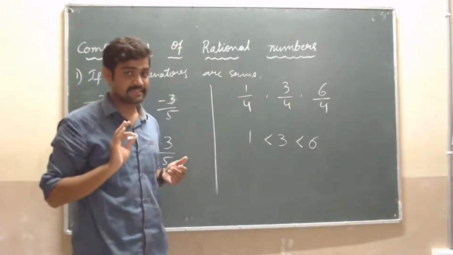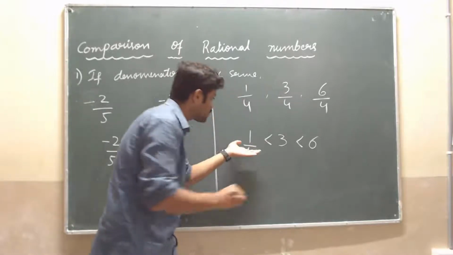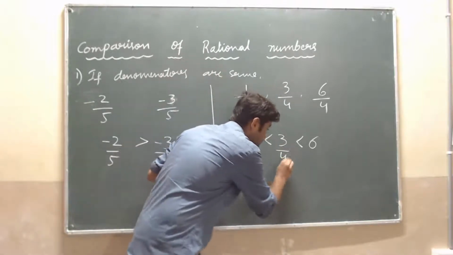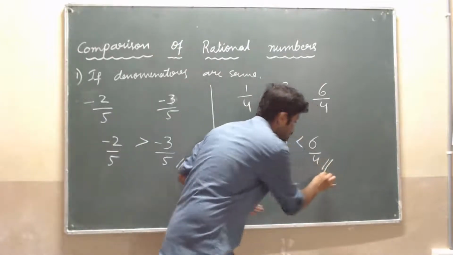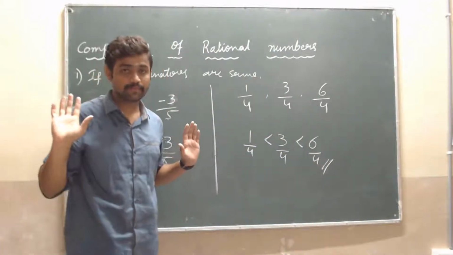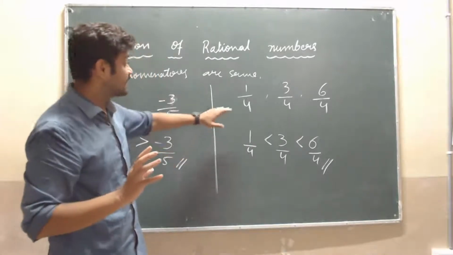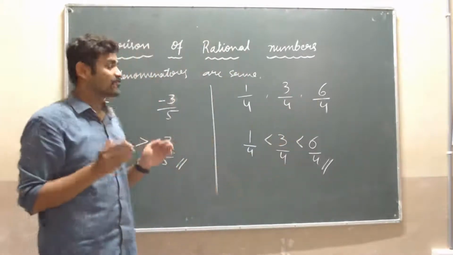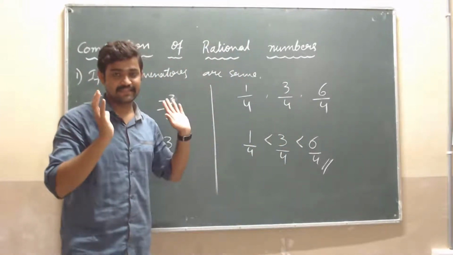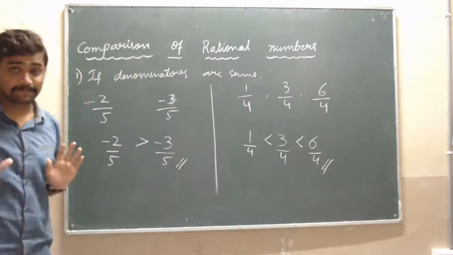Then we can write that 1 by 4 is smaller than 3 by 4 and 3 by 4 is smaller than 6 by 4. If and only if the denominators are the same, then we have to compare the numerators. This is the first method, if the denominators are the same.